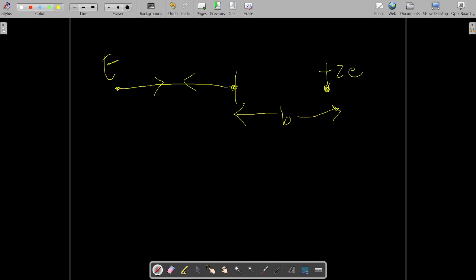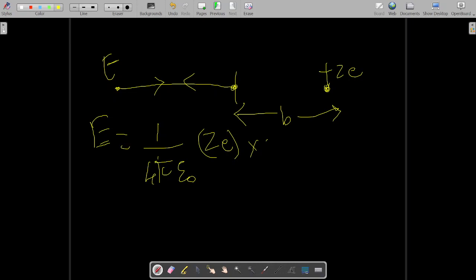So E is equal to what? If you haven't watched the previous lecture, then you won't understand this at all. Okay, 1 upon 4 pi epsilon naught, ZE multiplied by 2E, divided by B. This electrostatic potential will be equal to the initial kinetic energy.